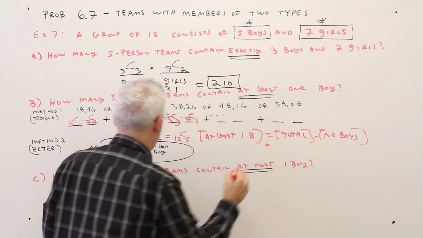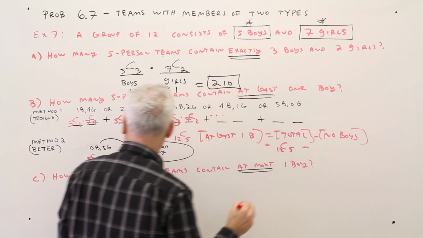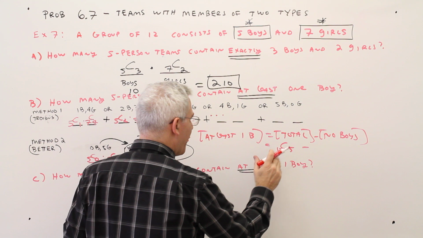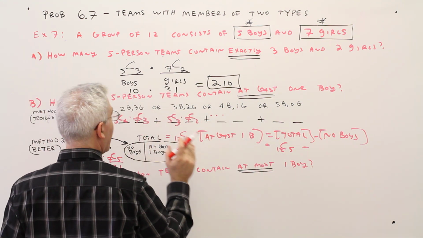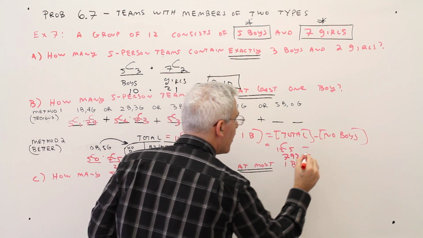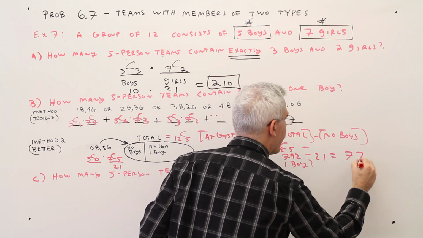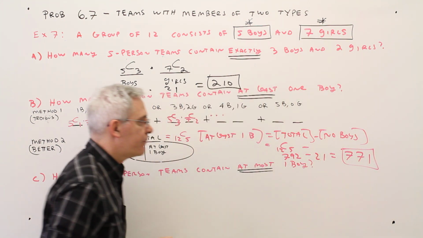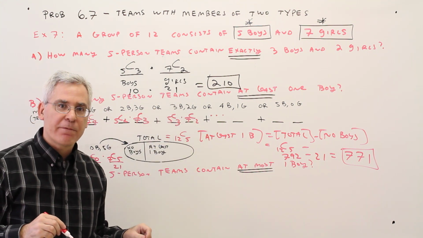All right, and the total was 12 choose 5, and the no boys was this, and 12 choose 5, we did that before, that came out to be 792. So this was 792 minus the no boys was 21, and we get 771. Much easier than adding all and multiplying all that stuff.